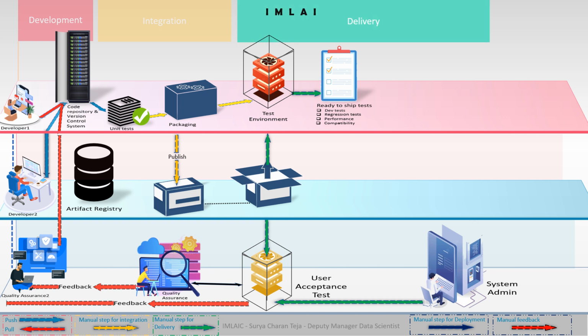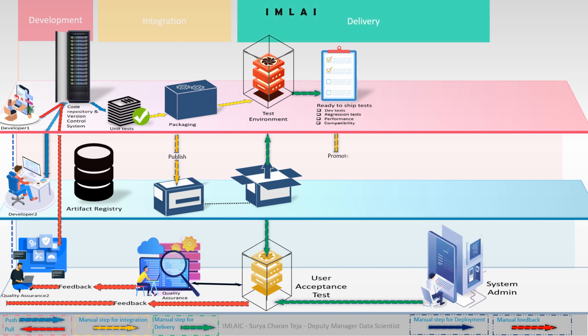This is a common test done by the DevOps guys. And we'll check the compatibility, performance, and the regression test. Compatibility is whether it fits a certain environment or not, and performance is at what speed it's working. These kinds of tests we will do. We'll write the cases and test them one by one in the test environment.